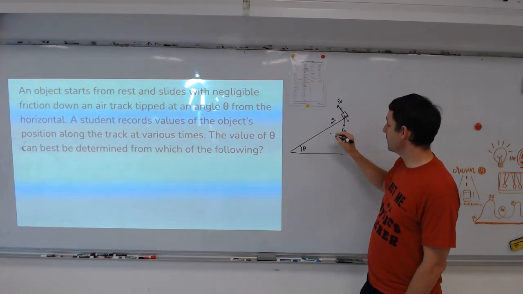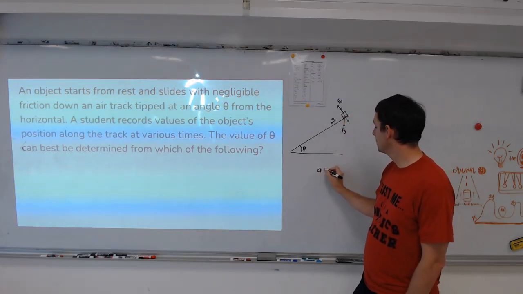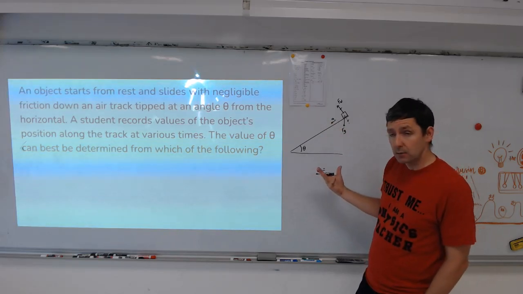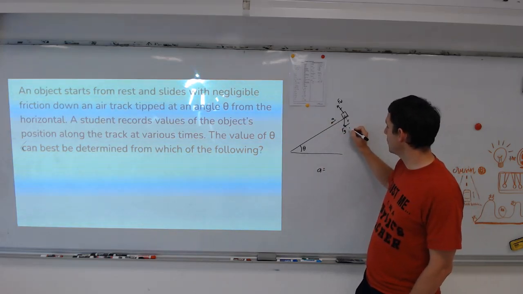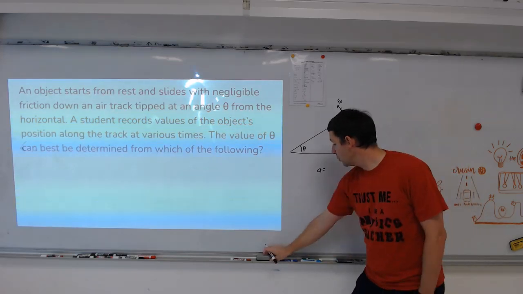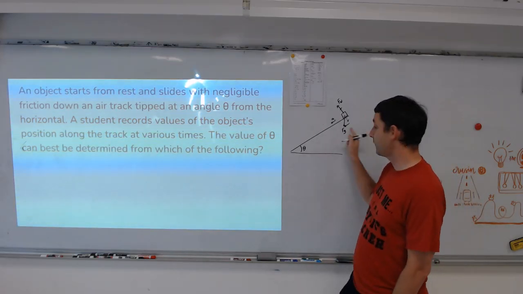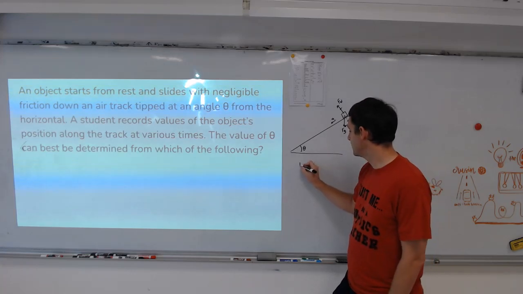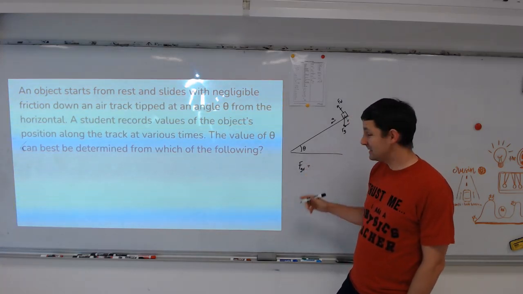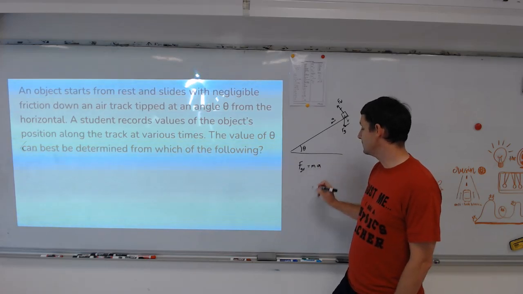And therefore the acceleration is going to be connected to the force of gravity, right? The horizontal component of gravity is the only thing causing the acceleration there. And so we can say the sum of the forces, which is the horizontal component of gravity, is equal to the mass times the acceleration.